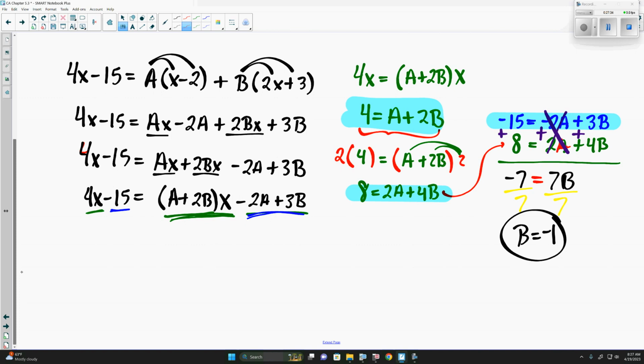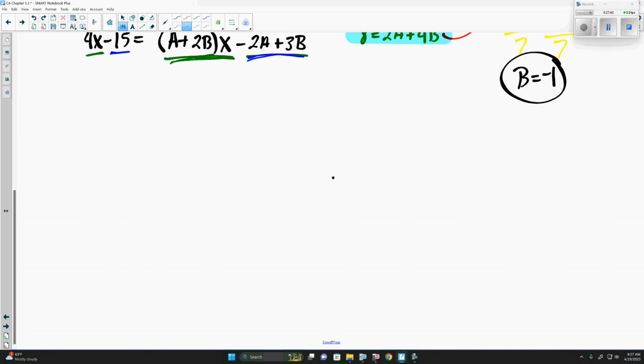4 equals a plus 2b. Part of the reason I'm picking it is, well, it does have a by itself. So 4 is equal to a plus 2b. So 4 is equal to a plus 2 times negative 1. 2 times negative 1 is negative 2.